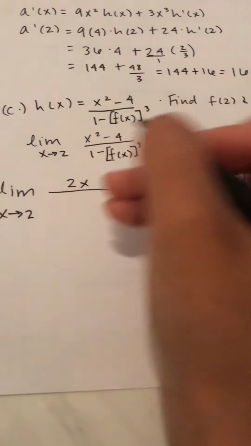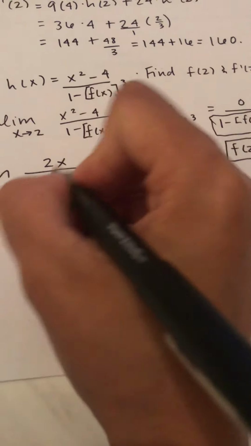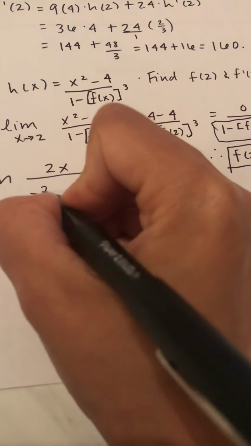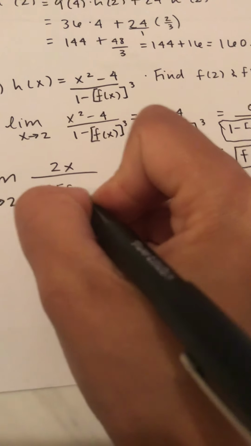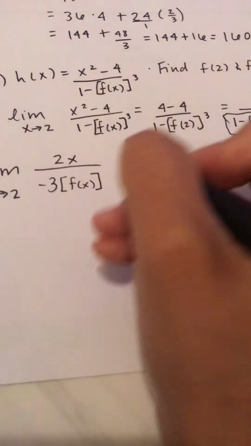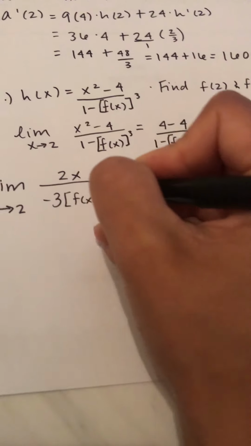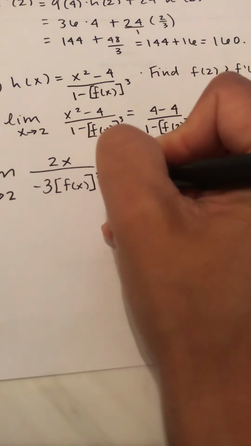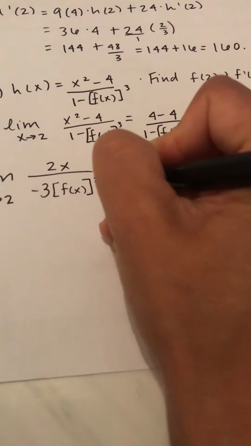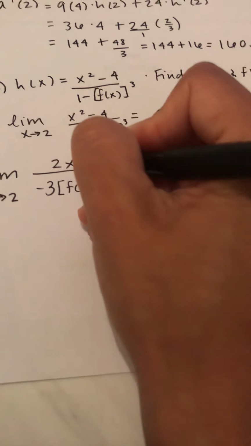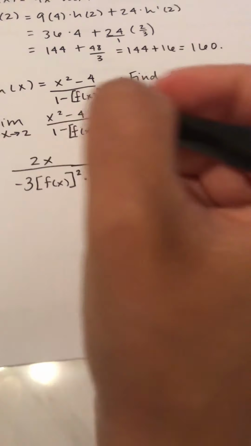The derivative of 1 is 0, so I'm not going to do that. So I have negative 3, leave the inside alone. Chain rule, right? So squared times the derivative of the inside, f prime.